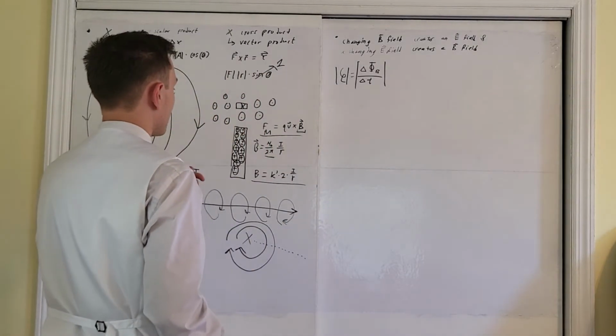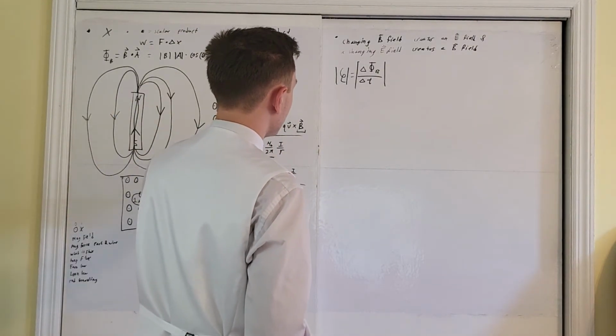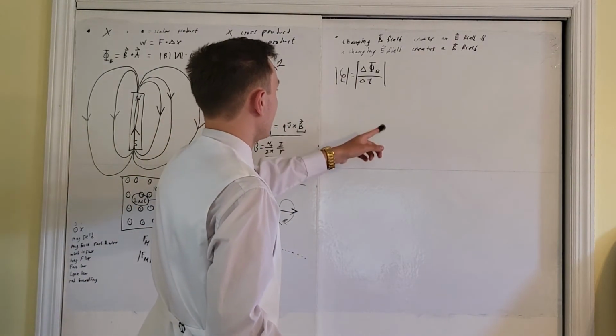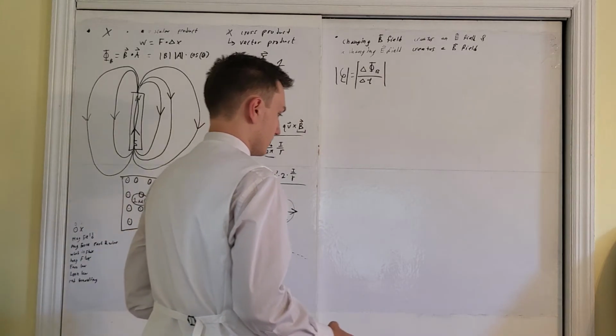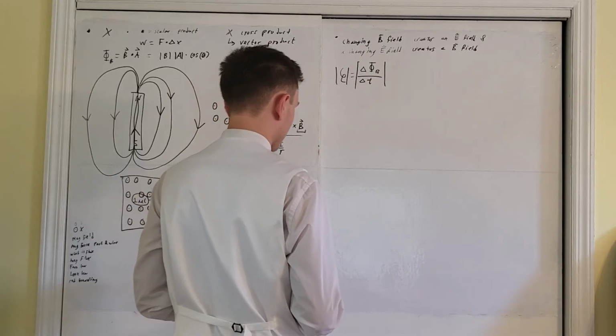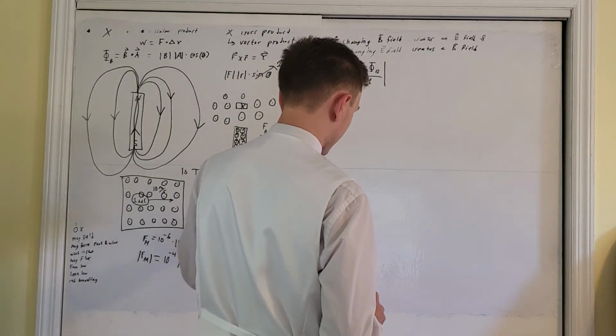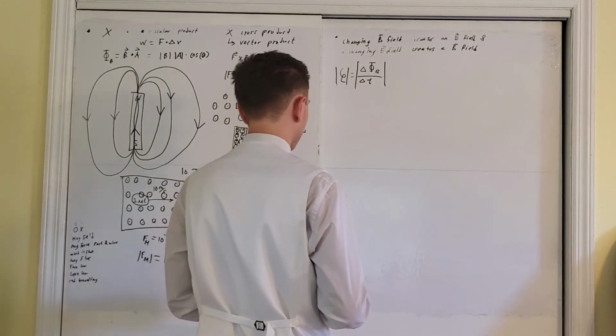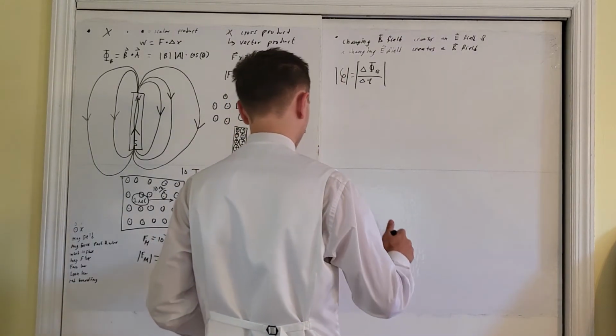So, wait a minute, Meek, you said that a changing B field creates an electric field, but I see magnetic flux here. Yes, that is true, okay? In order for you to create an electric potential, you need to have an area in which flux is varying, okay?